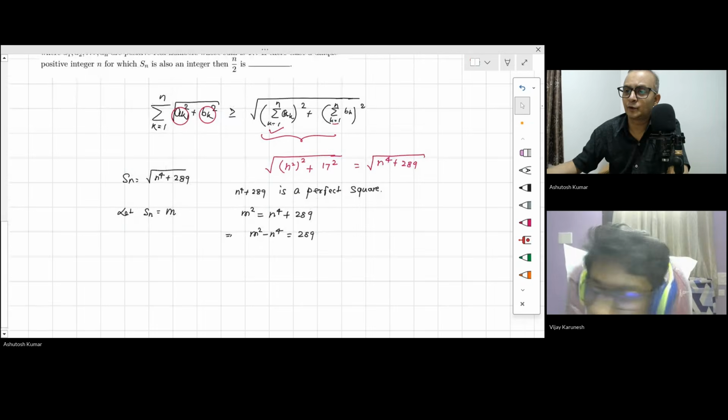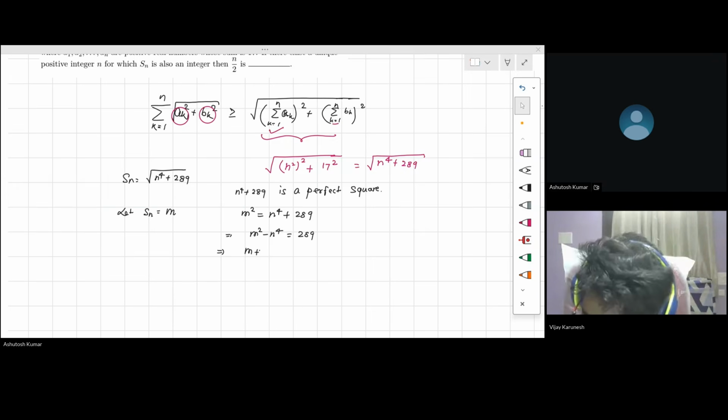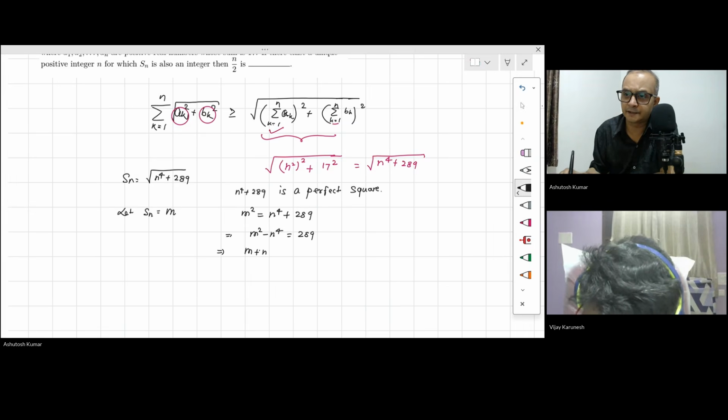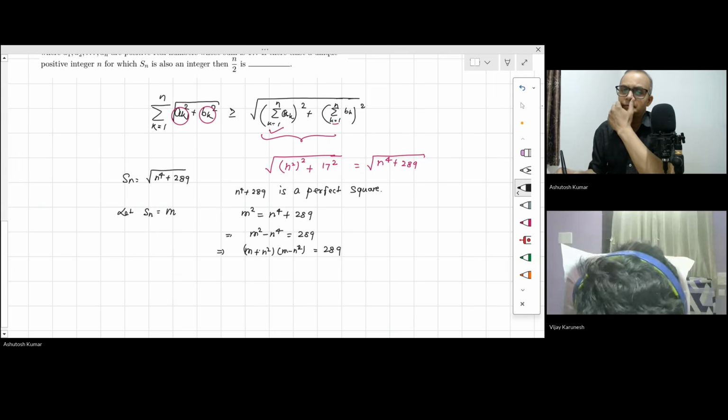Now you notice one important thing, that this can be written as a product of two terms: (m plus n square) into (m minus n square) is equal to 289.